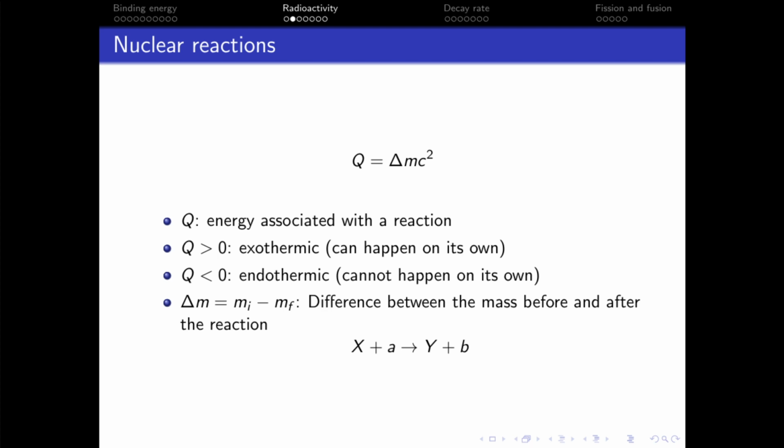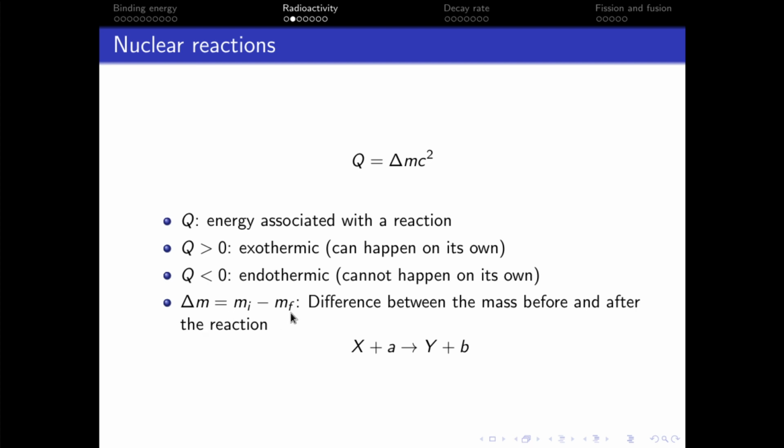We need some additional energy at the end for the total energy, which also encompasses the mass, to balance. And if instead we end up with something that is more massive at the end than what we had at the beginning, we'll need to throw some energy at the system at the beginning in order to create this additional mass.